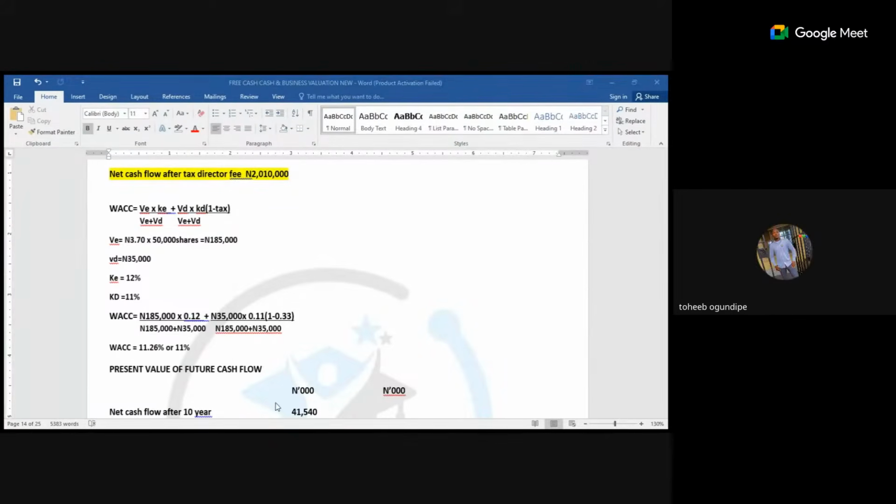That would be better, sir. Or we can convert this to real cost of capital so that we can use it to discount whichever way. We have two options here, right?